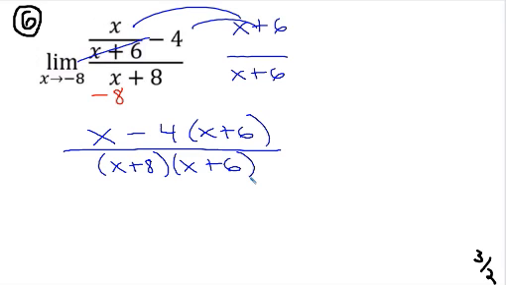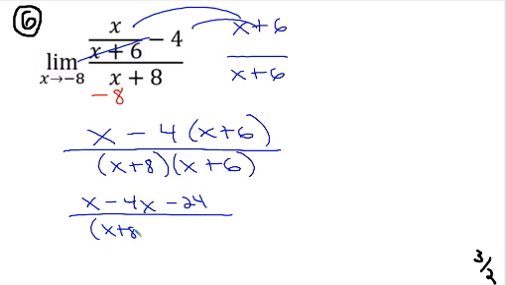All right? Now, the x plus 6's are going to go away. No, not yet. Sorry. Let's keep going here. Let's simplify this thing some more. We have x minus 4x minus 24 all over x plus 8 times x plus 6. All right. And on top, I now have negative 3x minus 24.